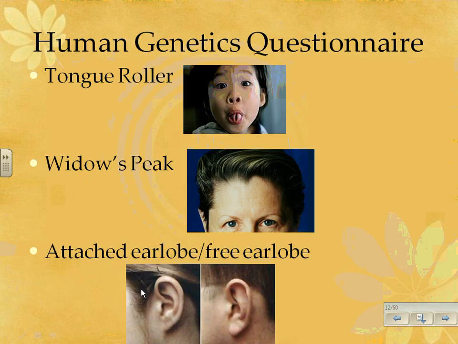If we want to take a look at some human genetics, and again, we'll do lots of practice on the Punnett squares. If this isn't making much sense, then we'll come back and take a look. But if you just want to get a glimpse of what we're looking at here, here are some basic human traits. Tongue rolling is an inherited characteristic. Widow's peak.